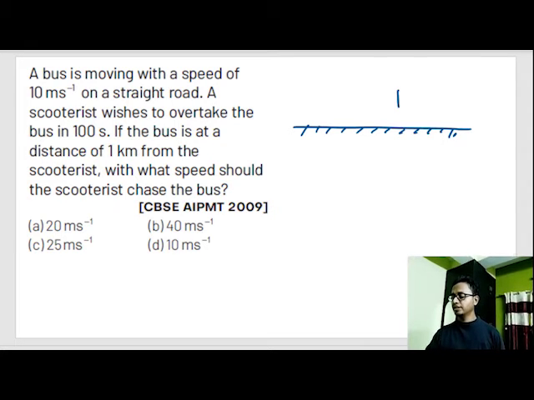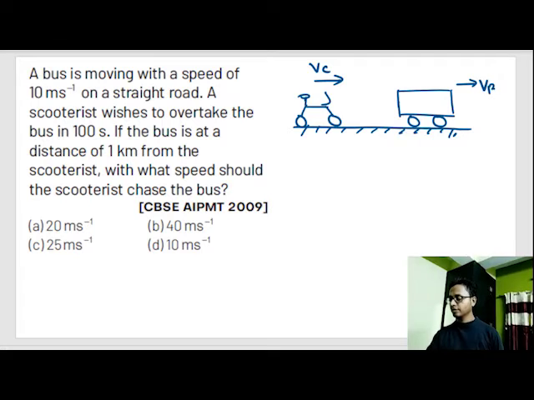Here is a bus. Now here is a cycle. I am not very good at drawing. Now this is the velocity of the cycle, this is the velocity of the bus.